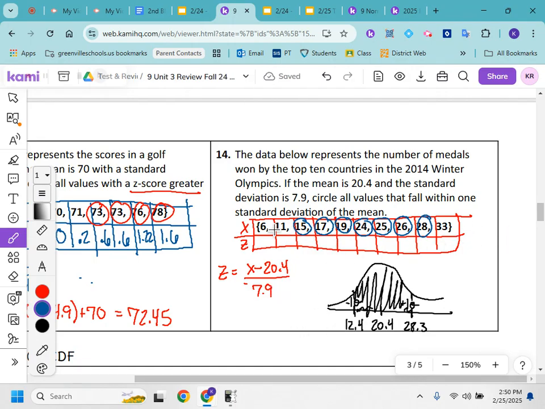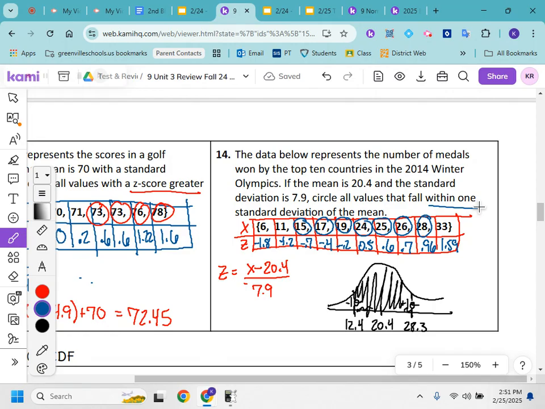Or if you did your equation, here are your answers. Negative 1.8, negative 1.2, negative 0.7, negative 0.4, negative 0.2, 0.5. I'm above the mean now. 0.6, 0.7, 0.96, 1.59.